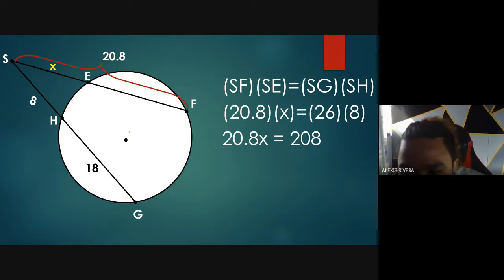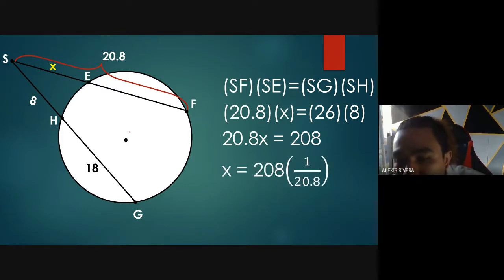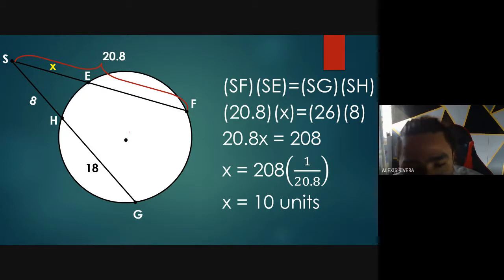So that is multiplication. 20.8x is equal to 208. And after that, divide by 20.8 and we will have the answer of 10 units. So napakasimple, no?